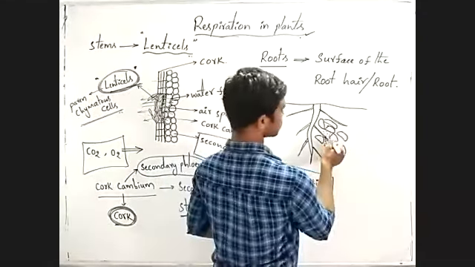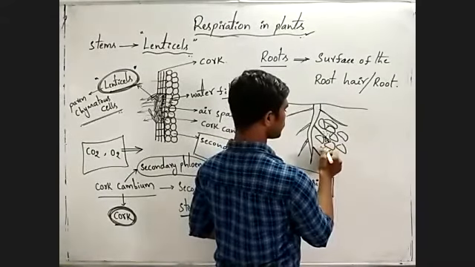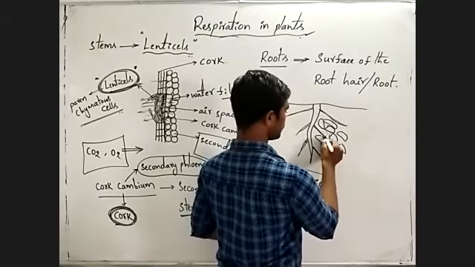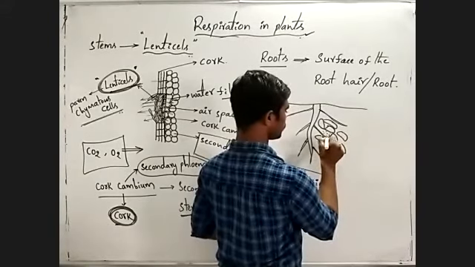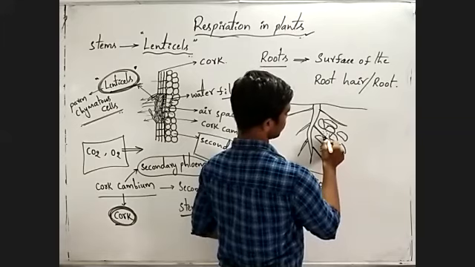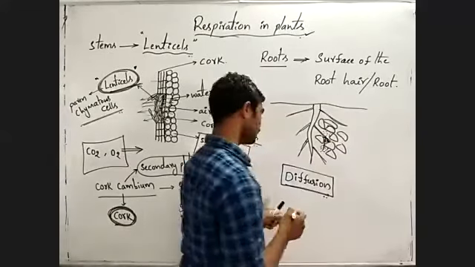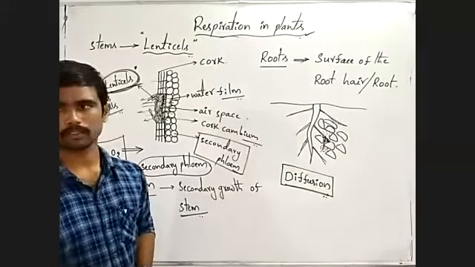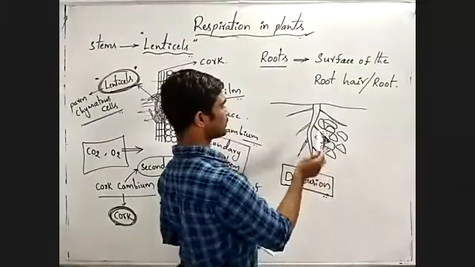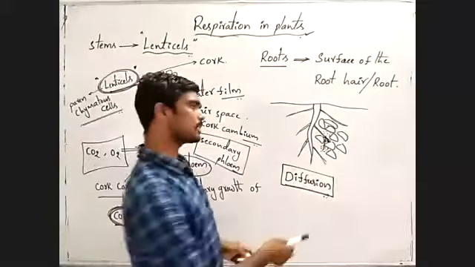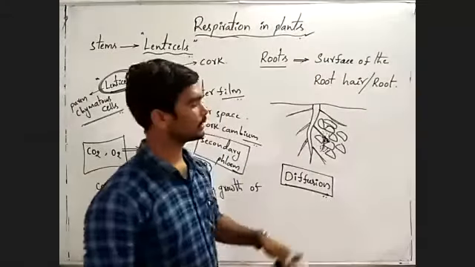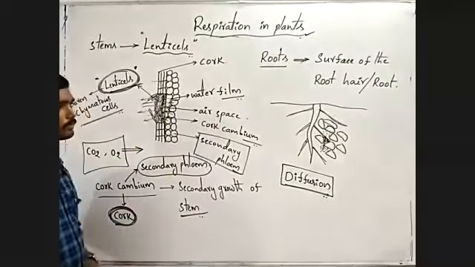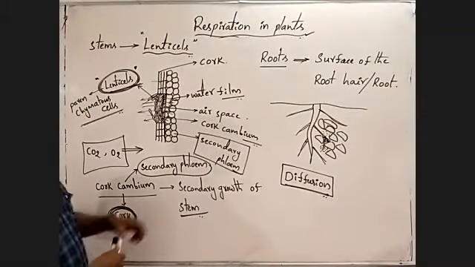Just like this, from the air spaces of the soil particles, air is diffused into the root system. Carbon dioxide is released out of the root system. Like this, the gaseous exchange process takes place here. Okay, observe carefully.